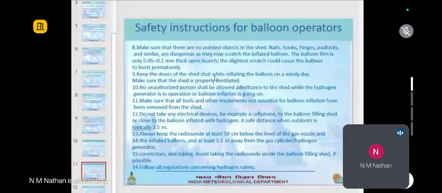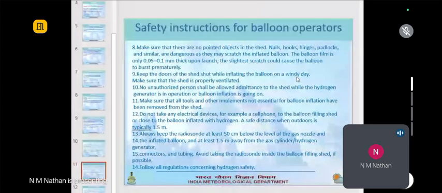Keep the doors of the shed shut while inflating the balloon on a windy day. We have an area for inflation with an open shutter only, but you should ensure that heavy wind does not come in through the ventilation, as that will disturb the process.